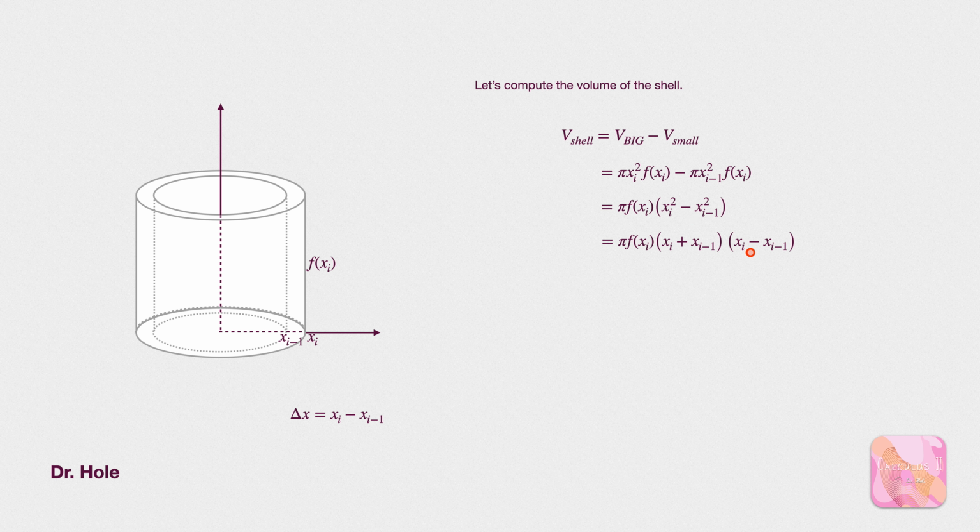We can recognize the difference as delta x. And we can take this sum, x sub i plus x sub i minus 1, and rephrase it as twice the sum of x sub i and x sub i minus 1 over 2. And this quantity is the average value of these two points.